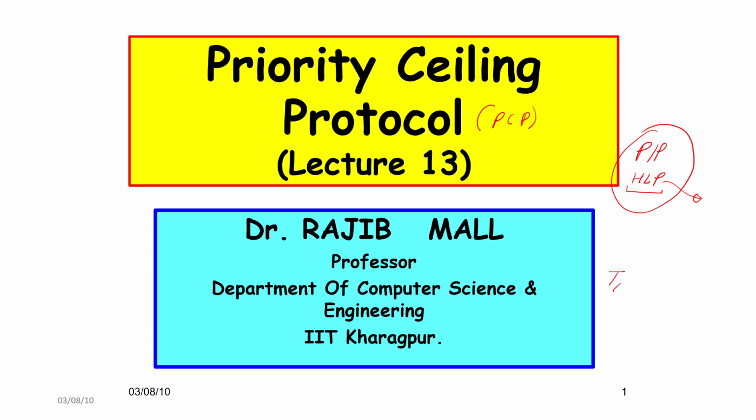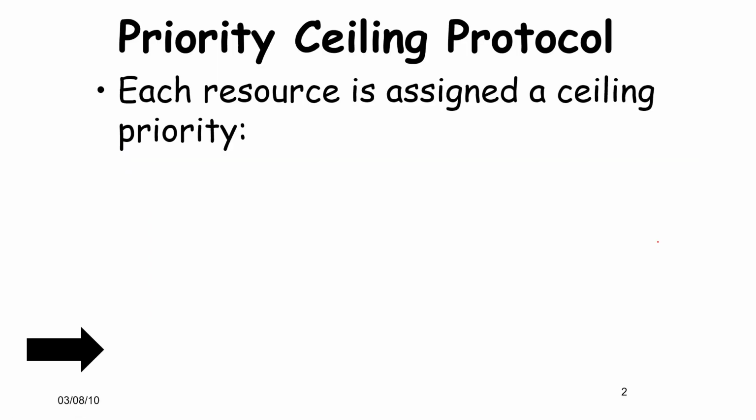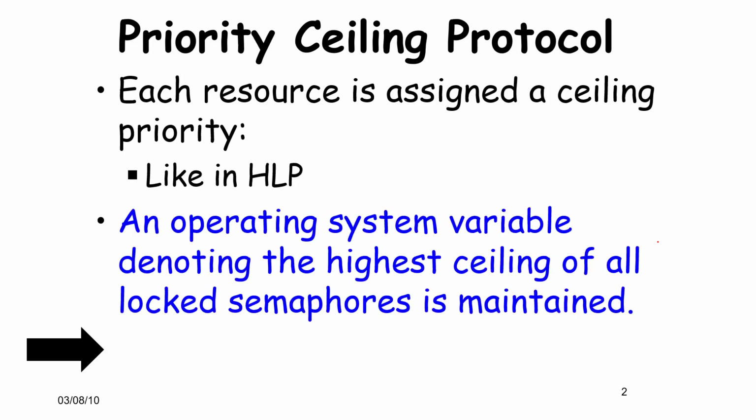So a low level process, just because it is holding a resource, its priority becomes very high. And as a result, many intermediate tasks actually start missing their deadlines. So we want to pretty much get the best of all worlds. So we want to somehow combine these two, PIP and HLP.